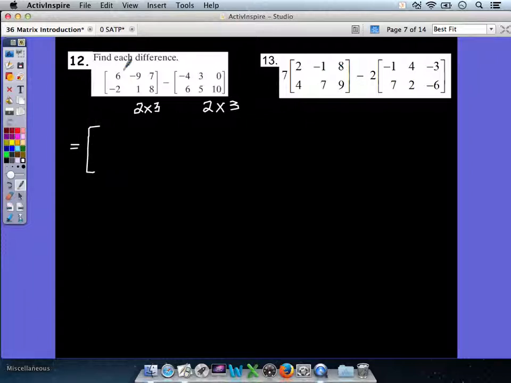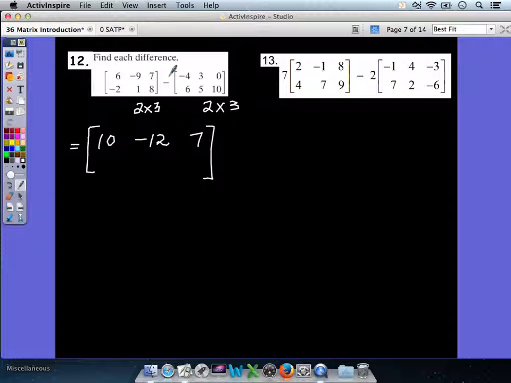I have 6 minus a negative 4. Minus the negative becomes plus a positive, so that is 10. Negative 9 minus 3 is negative 9 and negative 3, which is negative 12. Then 7 minus 0, of course that would just be 7. So that's my first row.